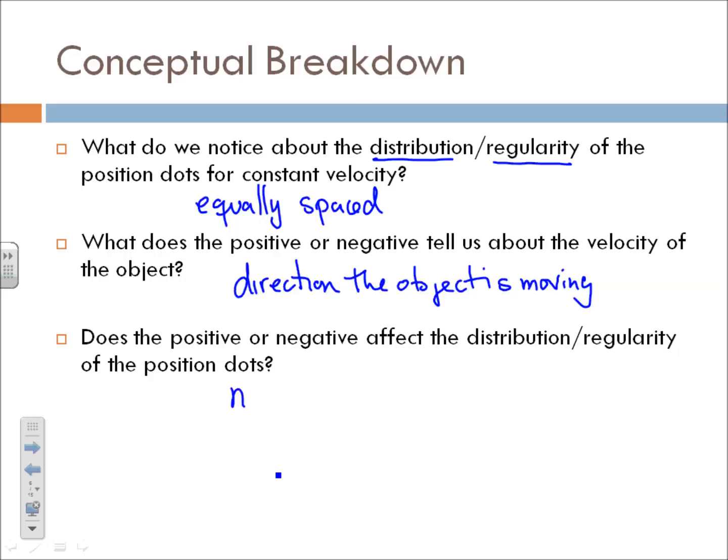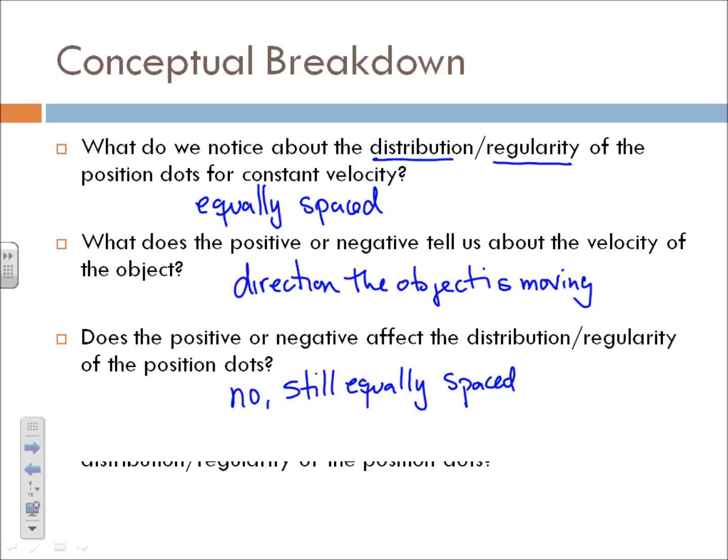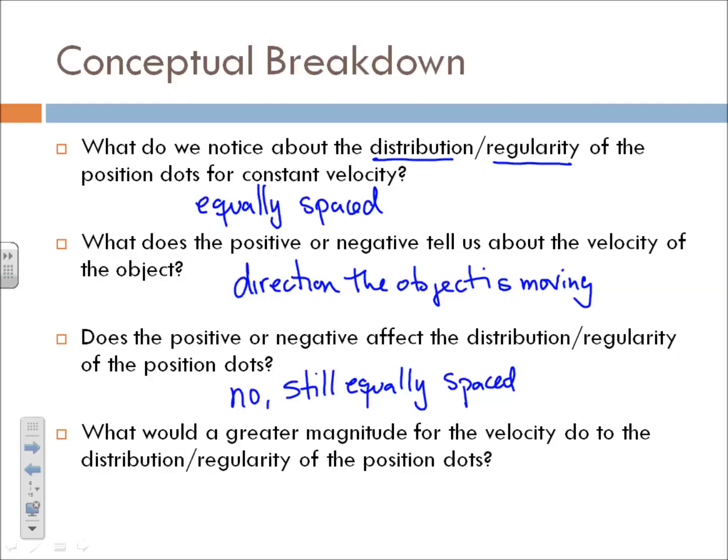No, it does not change it. They are still equally spaced. It's just that the object is moving in either the left direction or the right direction, or the up direction or the down direction, or maybe north, south, east, or west. That's all it is. It's just direction.